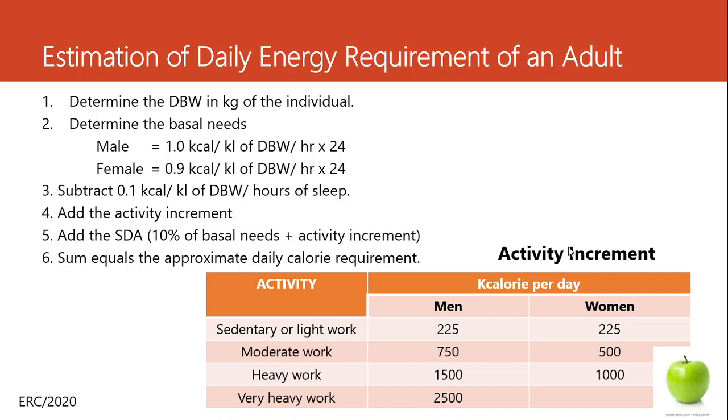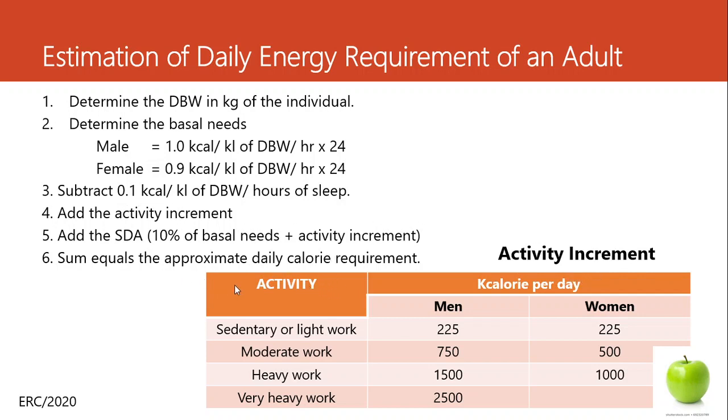Then you're going to subtract 0.1 multiplied by 50. So that's 5. Then you multiply it by the hours of sleep, so multiplied by 8. So we have 40. If you subtract it, we have 1,200 less 40, so we have 1,160. Then add the activity increment.